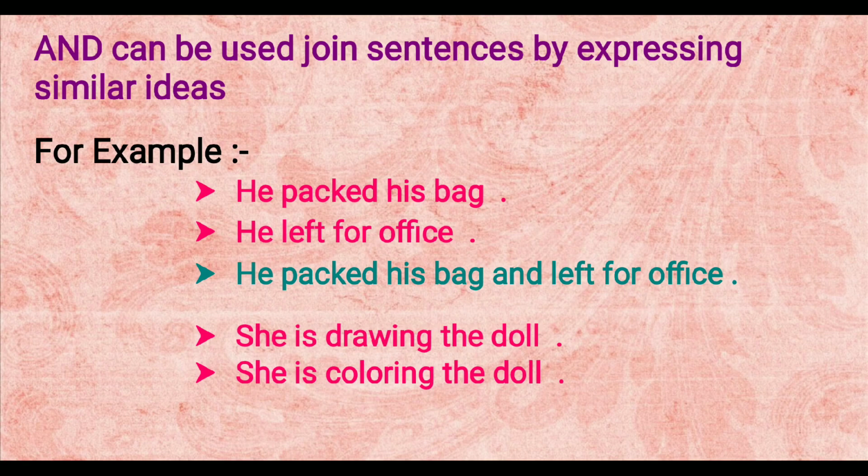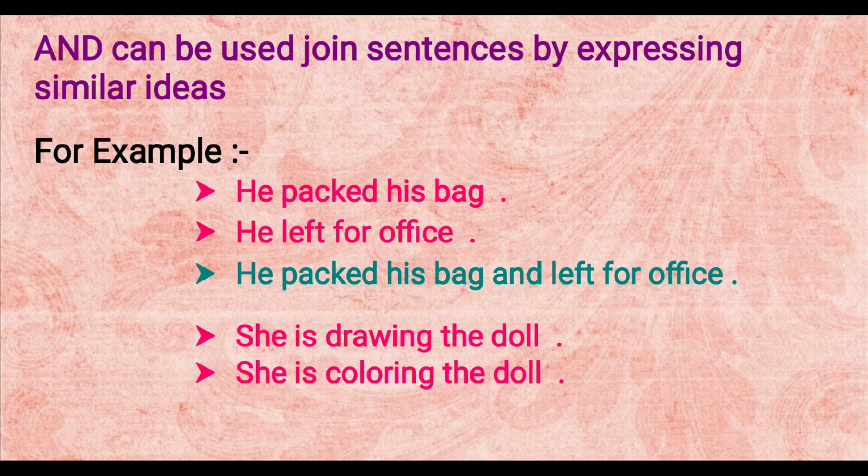So how can we join? First of all, we pick out the common part of the sentence. What is the common part? She is, right? And what are drawing the doll and coloring the doll? Drawing and coloring are verbs related to each other, and the doll is also the common part of the sentence. So what can we do?